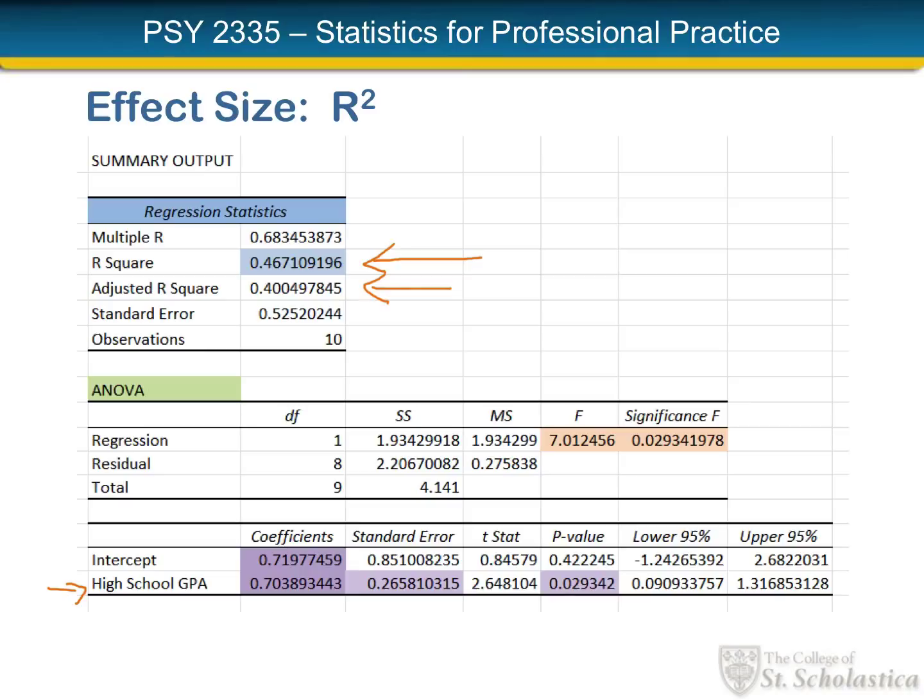In explaining the hypothesis test, the textbook looks at the standard error for the coefficient for the slope and computes a p-value for that coefficient. And that's in fact what happens when we get into multiple regression, which is where the textbook explains the hypothesis test. In the situation that we're looking at here, you'll note that these two p-values, the one for the overall F and the p-value for the coefficient for the slope, are identical, and that's because we only have one variable that's in the equation as a predictor.